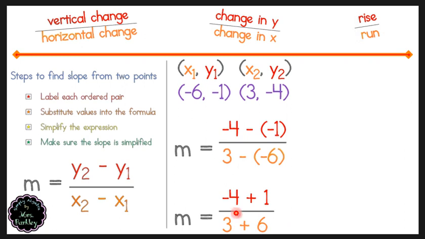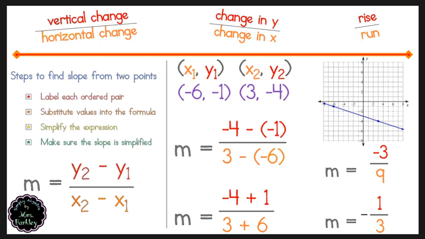So in continuing to simplify, -4 plus 1 is -3, and 3 plus 6 is 9. And then we can simplify -3 divided by 9, or -3/9, as the slope of -1/3.